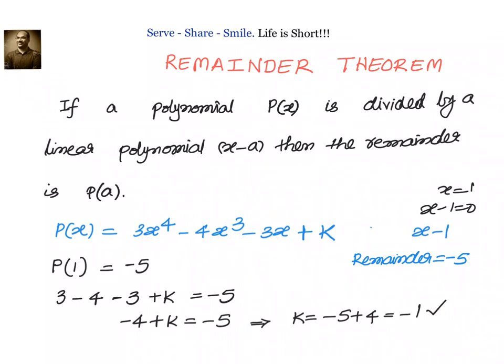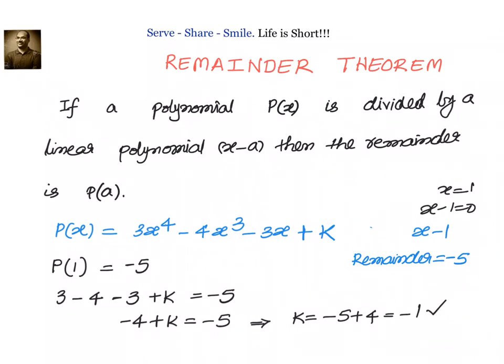Remainder theorem: if a polynomial p of x is divided by a linear polynomial x minus a, then the remainder is p of a. Now there can be 2-3 types of problems. The first problem is directly to find the remainder. For that we will take the linear polynomial, equate it to 0, get the 0 of the linear polynomial, then come back and substitute that in our p of x, and we will get our remainder. The second type of problem is where we have to find the value of k or a or b.